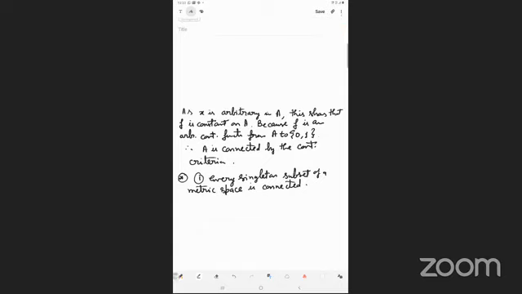Okay, this is quite obvious. And number 2, every empty subset is connected. और ये दो सबसेट हैं.